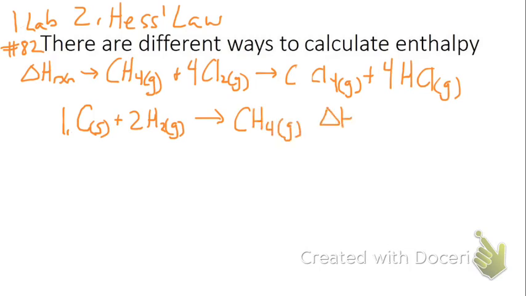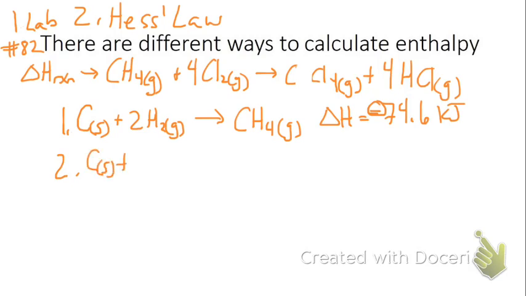We know the delta H of this reaction is negative 74.6 kilojoules. Every time you see a sign, start thinking: is this an exothermic or an endothermic reaction? Since we see a negative delta H here, circle that, this would be an exothermic reaction. This reaction gives off energy or heat.